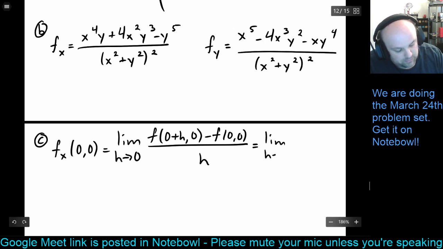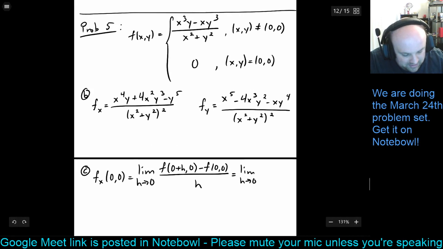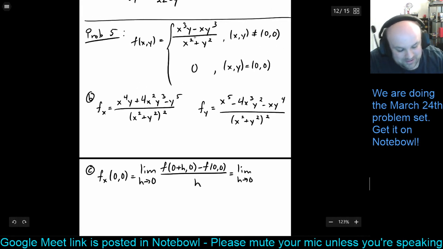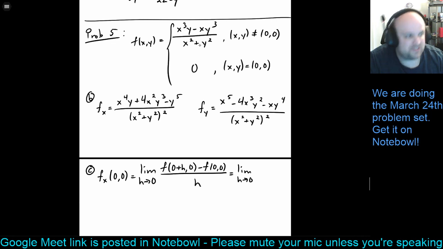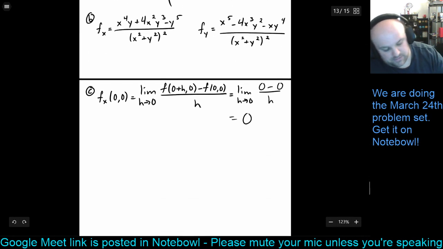So when we plug in h, 0, the top is gone, and the bottom is just h squared. So we actually have 0 minus 0 over h, and so this is 0.